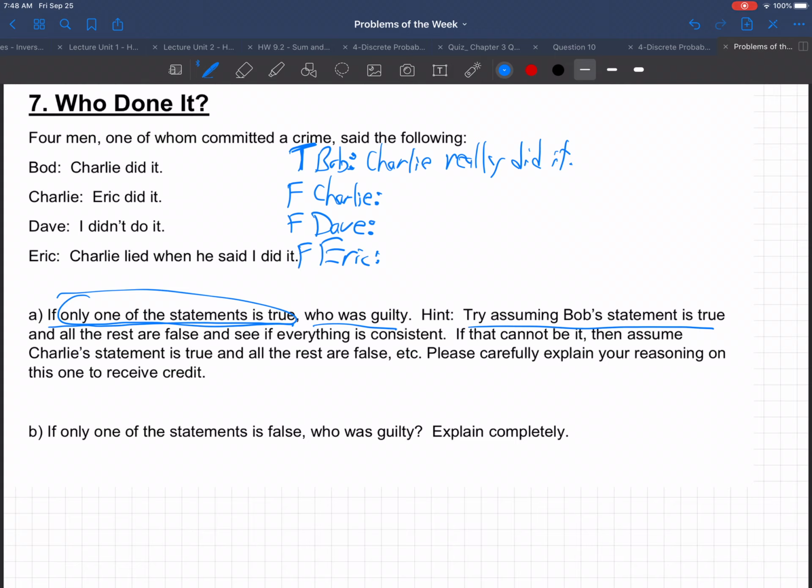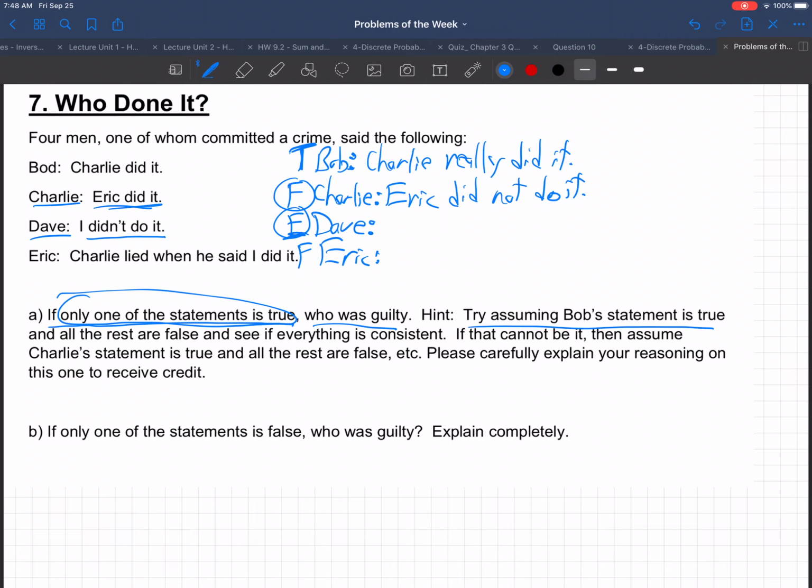Let's see, could that be? What does Charlie say? Eric did it. So if Charlie's false, he's not telling the truth, and he said Eric did it, so Eric did not do it. That's logical, reasonable. Dave, who's also false, said I didn't do it.